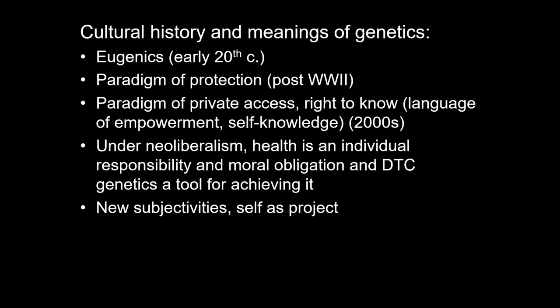Eugenics was an approach to the relationship between human variation and political power that was very significant, had a lot of power in the first half of the 20th century. It was the perspective or framework that inspired and was used by the Nazi movement in Germany.